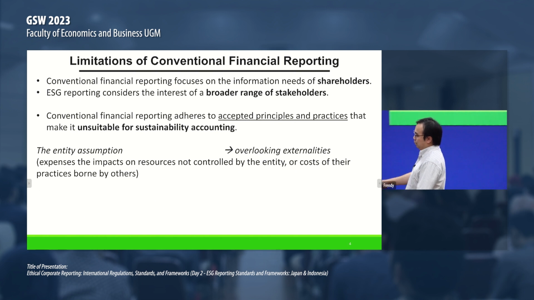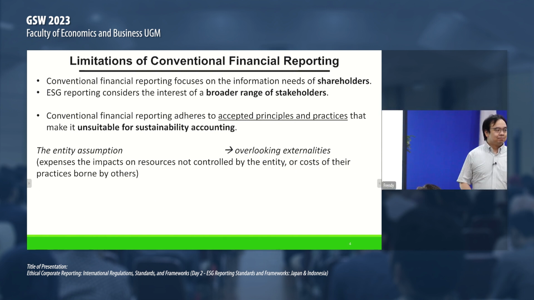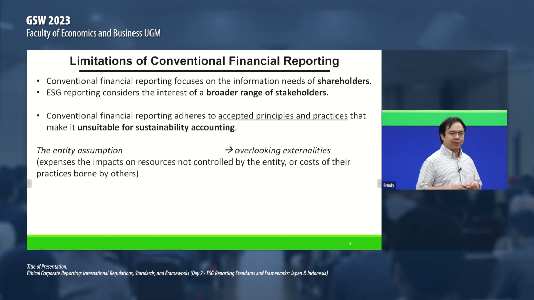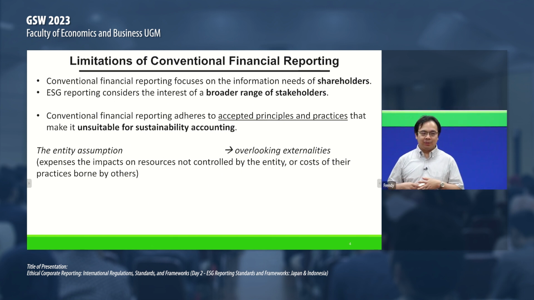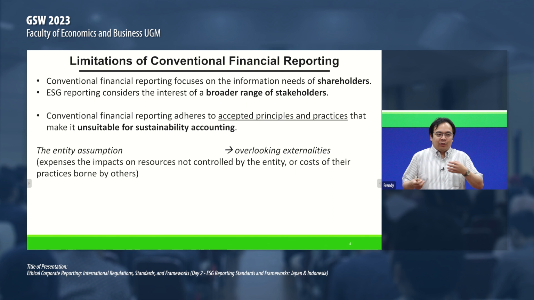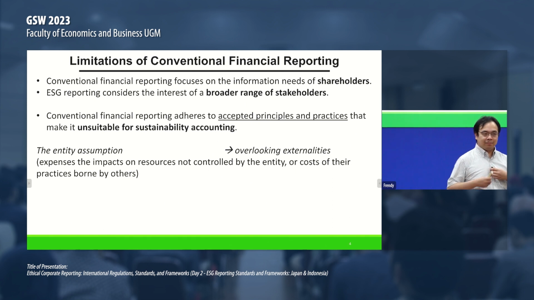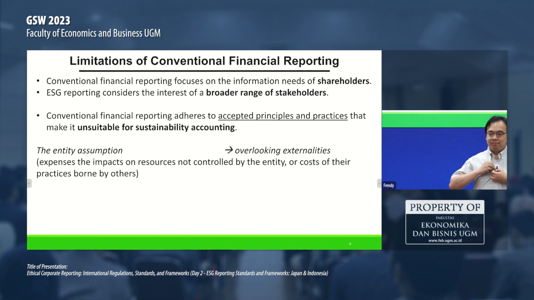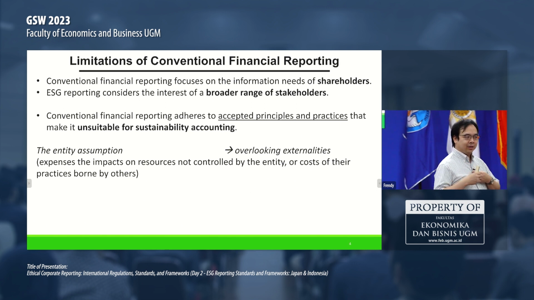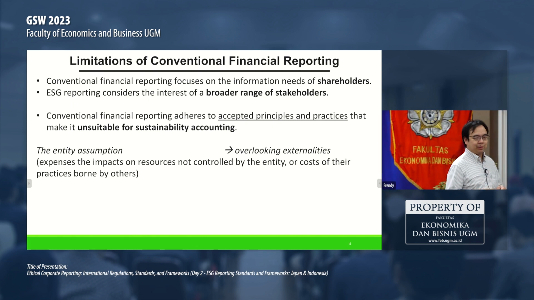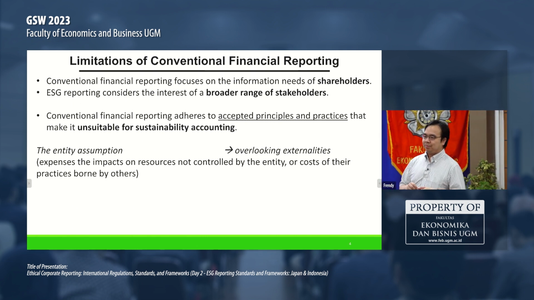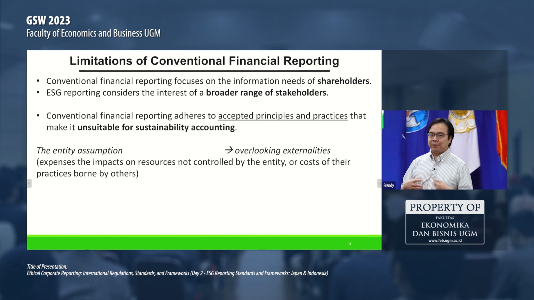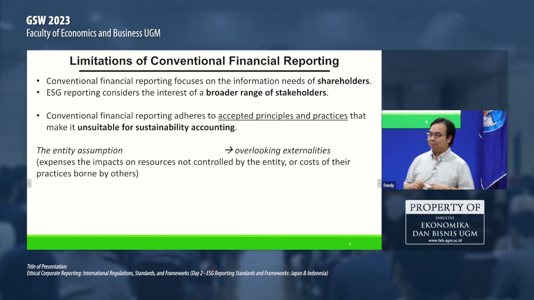So this term might be new for some of you. Could you come up with some examples of externalities? What are some externalities that could not be reported because they did not affect the companies directly?